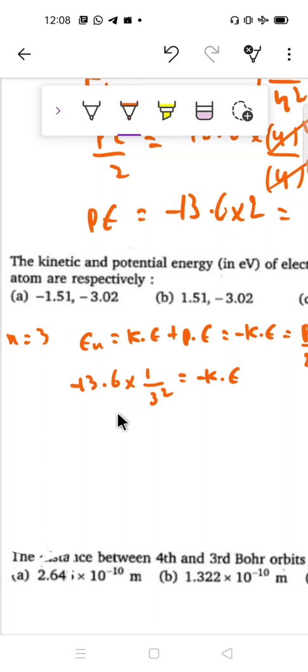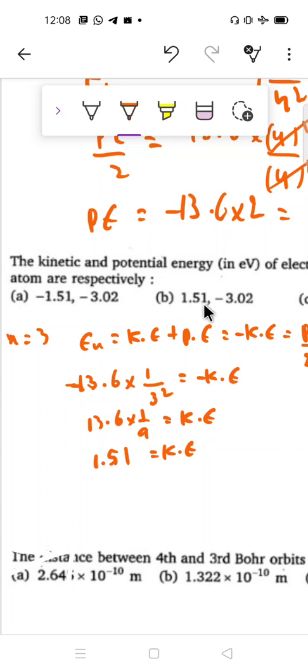Here is minus 13.6, here minus Ke. The minuses cancel each other. Next, 13.6 by 9 is equal to Ke. On calculation you can get 1.51, so 1.51 is equal to Ke.